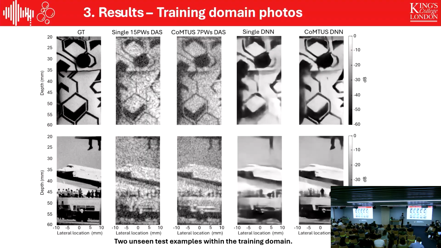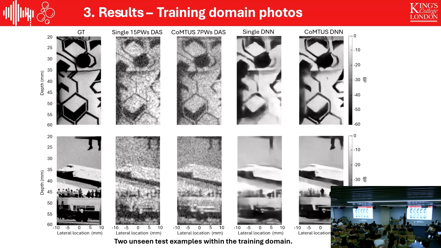This is actually the first result. These are 2 unseen examples within the training domain. You can see that these 2 are deep neural network beamformers, and the left-hand side is single transducer, the right-hand side is COMTOS.